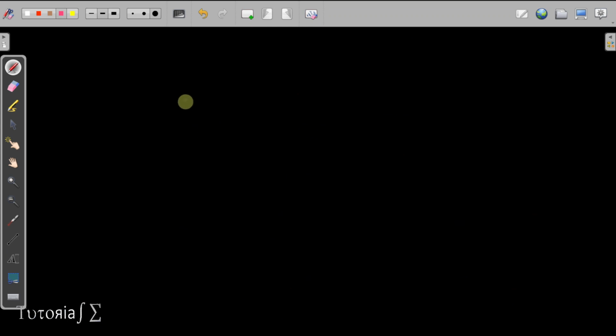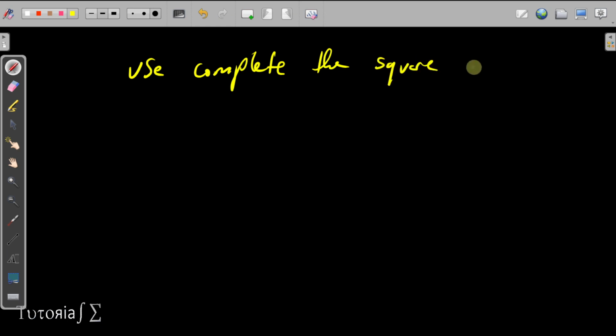All right, so now you can try out this question. Use the complete the square method to solve.